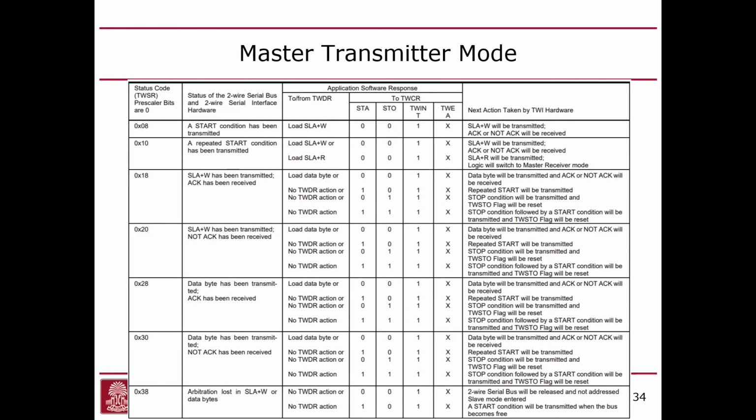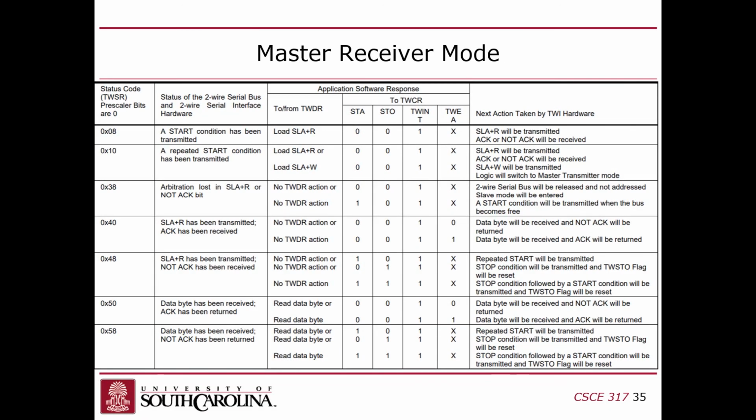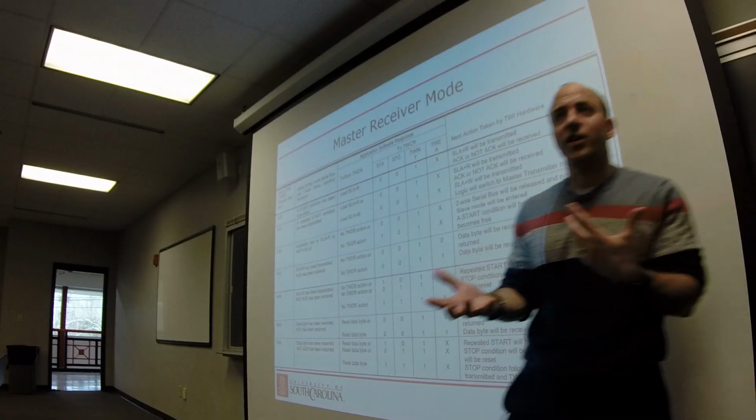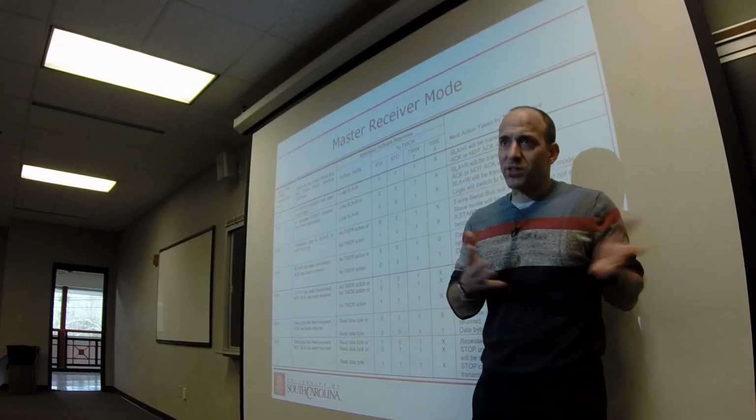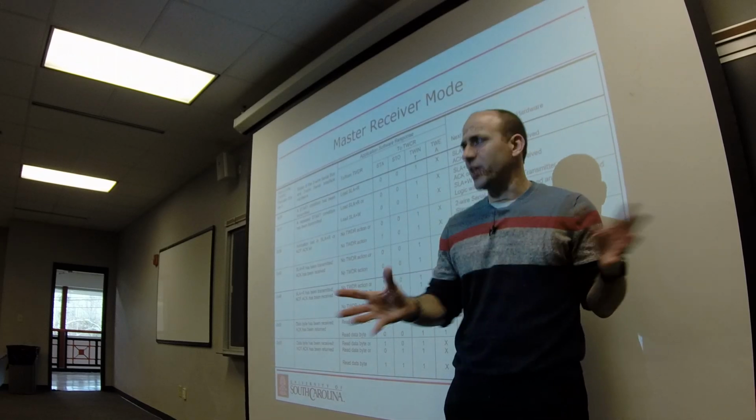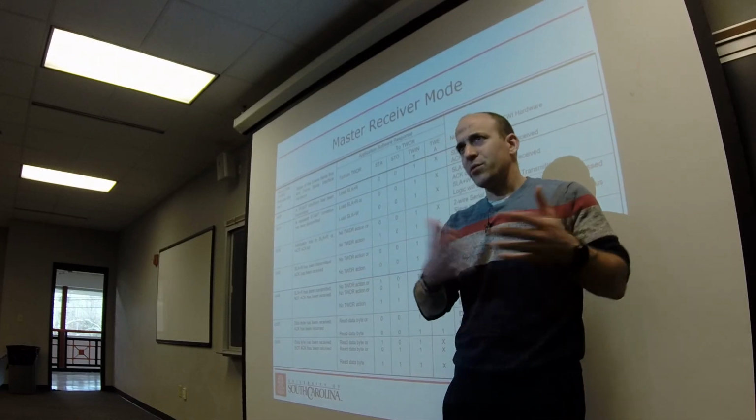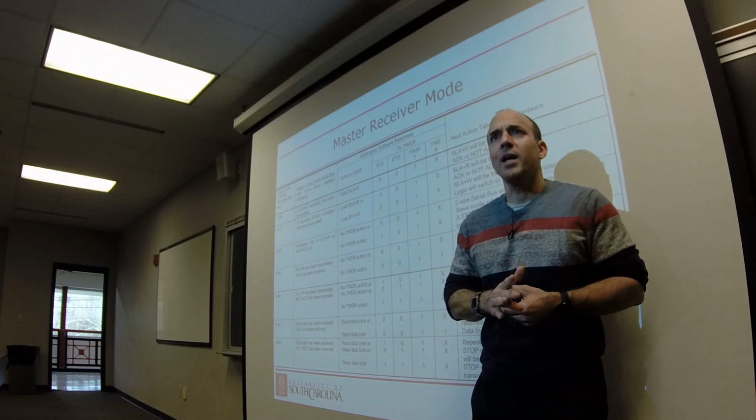That's for the transmitter mode, and then the receiver mode has all these other status codes. So it's a lot more effort, even when you have the hardware I2C interface. But the good news is it's a more robust interface. You have a better idea what's going on.